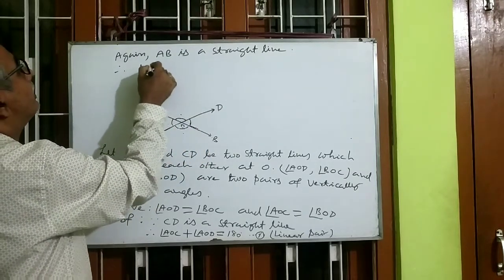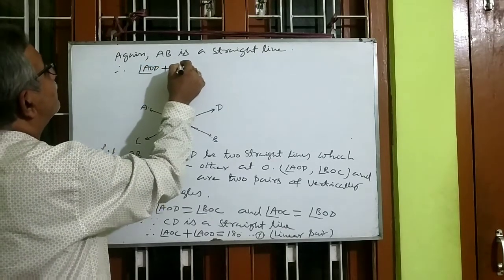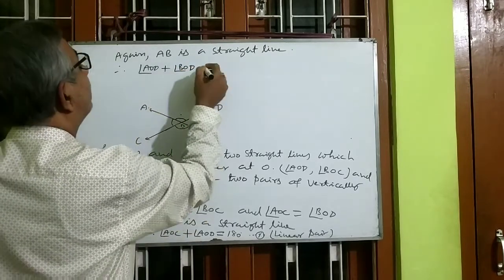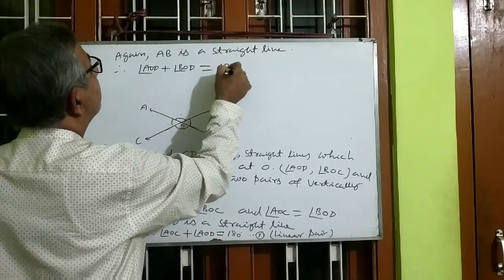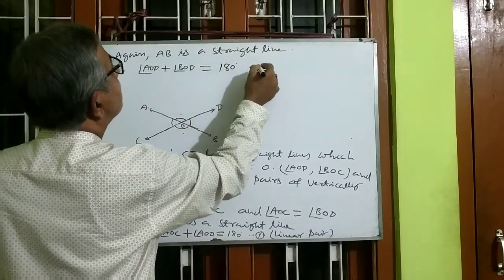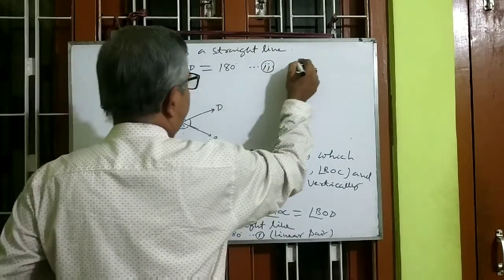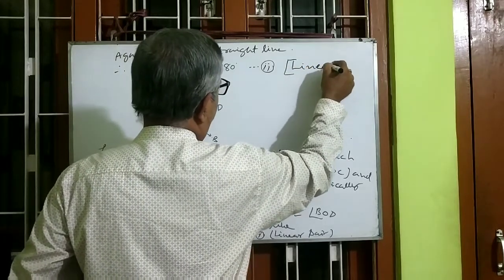Angle AOD plus angle BOD is equal to 180 degrees. Equation 2. Linear pair or a straight angle pair.